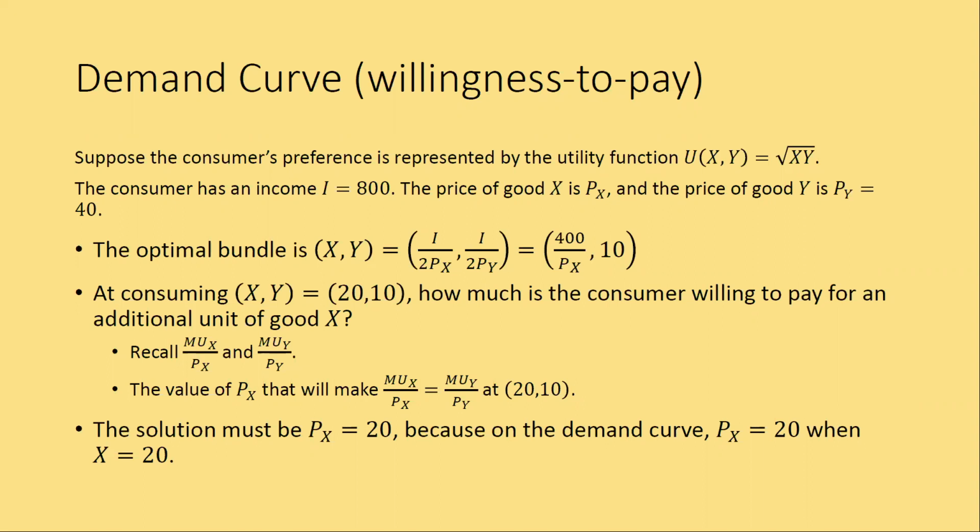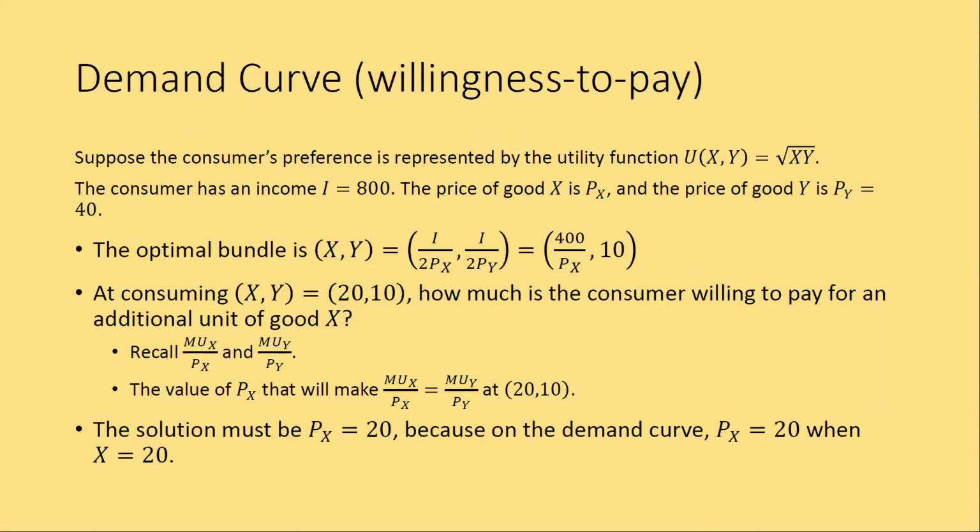So let's say the income is 800. The price of good X is still PX, and the price of good Y is PY, and let's say that is 40. In the previous slide, we derived that the optimal bundle is I divided by 2PX, I divided by 2PY. And substituting in the numbers, the optimal bundle is 400 divided by X and 10.